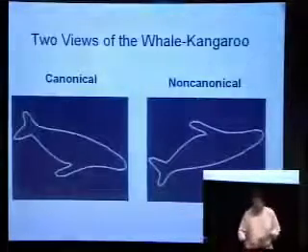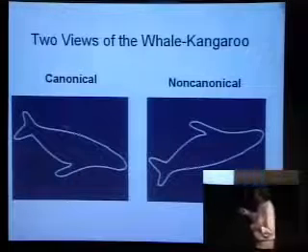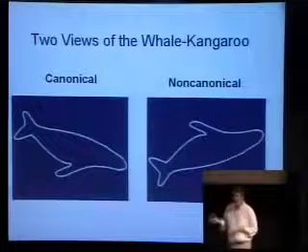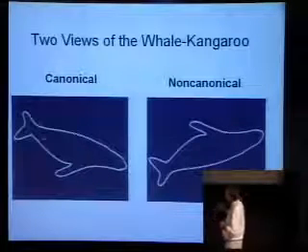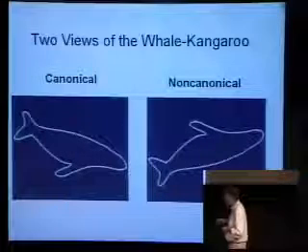Okay. Here, in an experiment we did, we presented the whale kangaroo in what's known as the canonical orientation, that is the way you'd expect to see a kangaroo, and in a non-canonical orientation, we hardly ever see kangaroos like this.